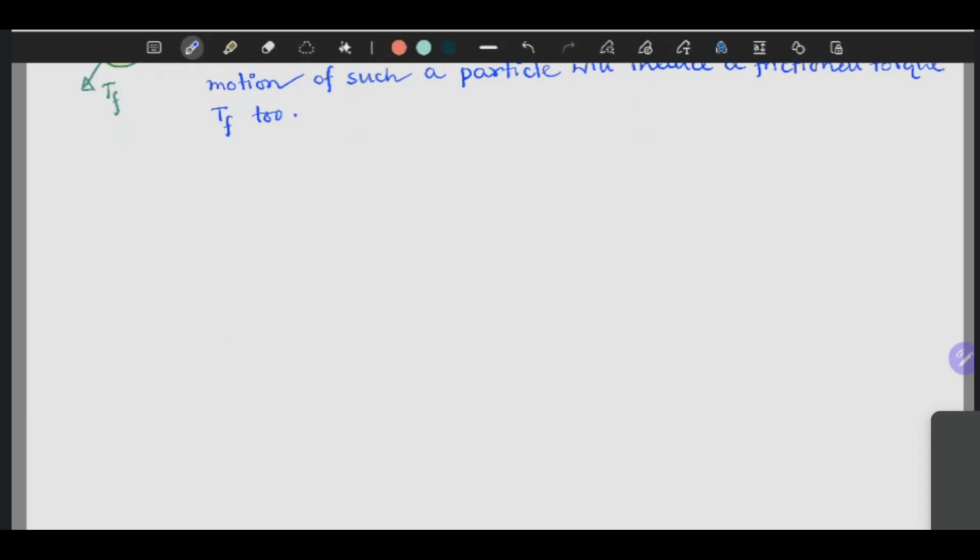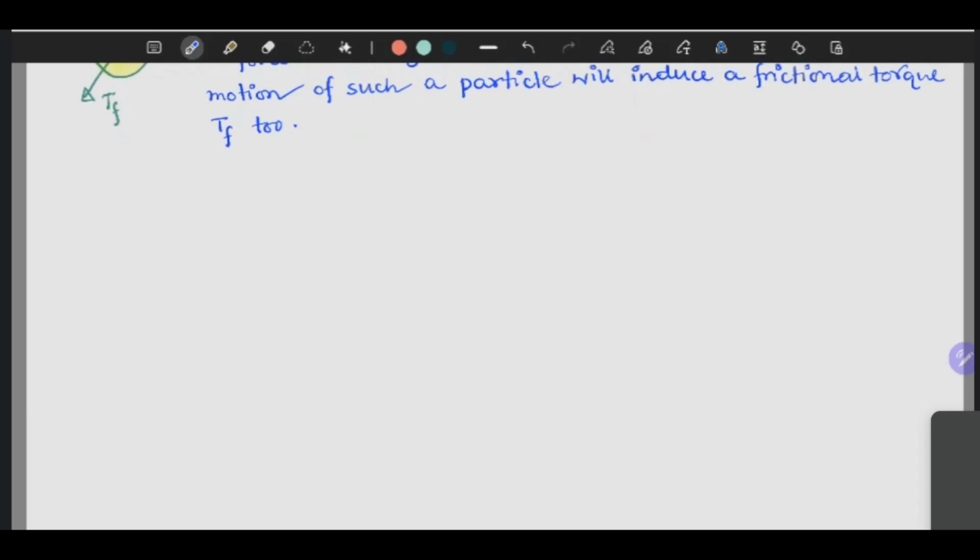Now we will come back to the Langevin equation for the generalized coordinate.